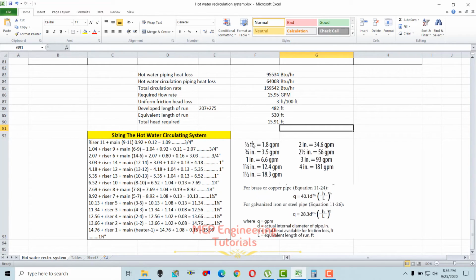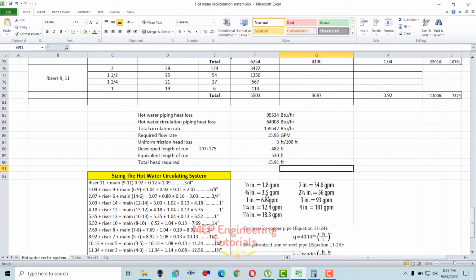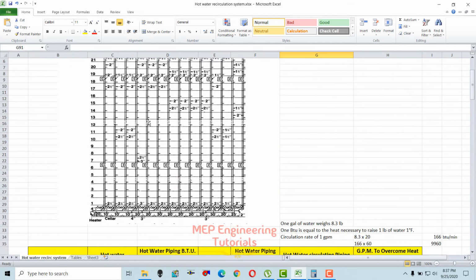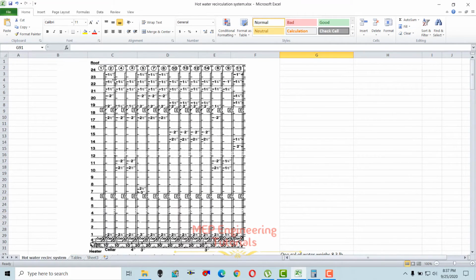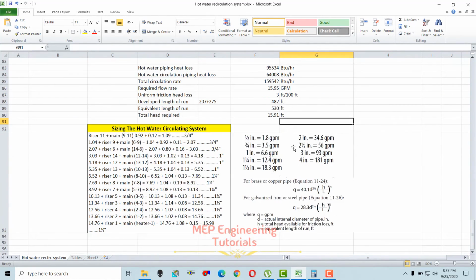So it is better to use a 3/4 inch pipe size instead of half inch, even at 1.8 GPM. I'm going to use 3/4 inch as the minimum pipe size for all the risers. All the GPMs are less than 3.5, so all the riser sizes for the recirculation hot water will be 3/4 inch. So the riser size is done, 3/4 inch.